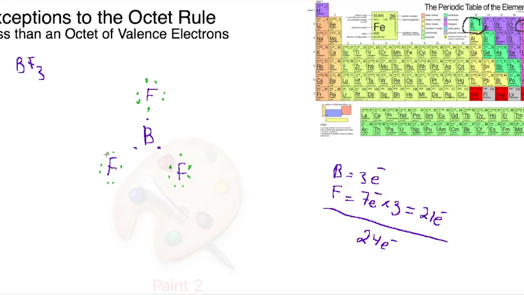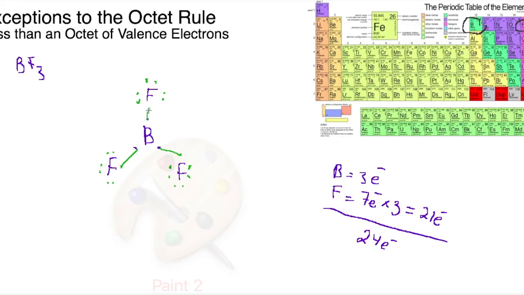Now let's do some connections. If we connect fluorine and boron like this, we complete the octet for fluorine, since we're going to have 6 here and 2 on this edge. So this one is completed, and we can do the same thing with this one, and this fluorine will be completed.